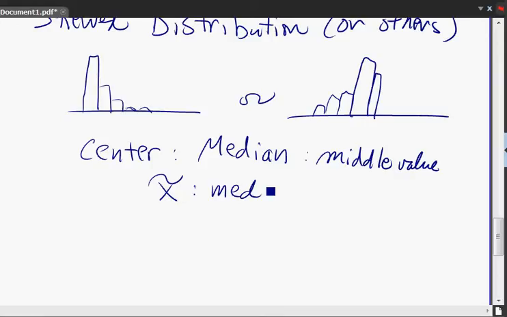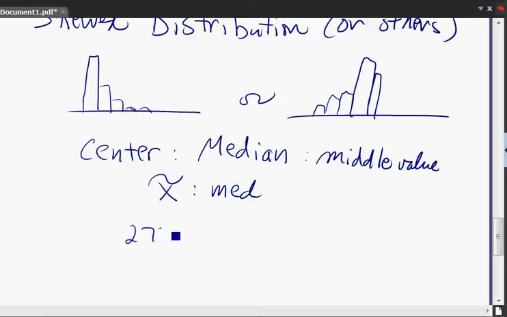I want you, in your calculator, to arrow down if you haven't done anything else in your calculator, and see that the median is listed on your calculator as MED for that data set that you put in.